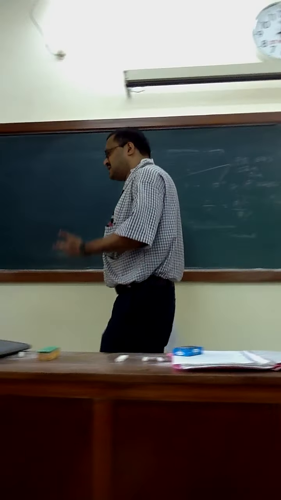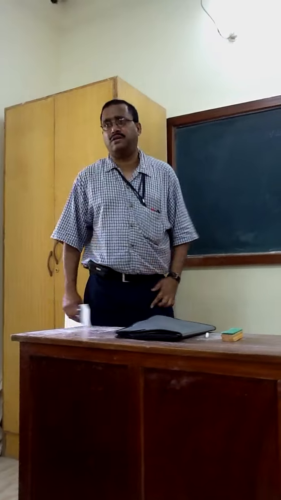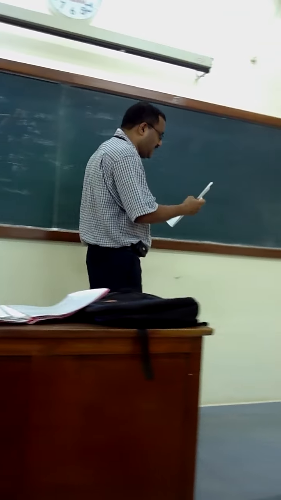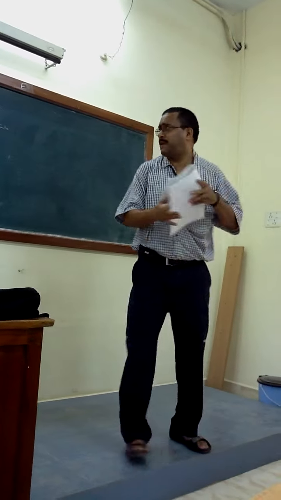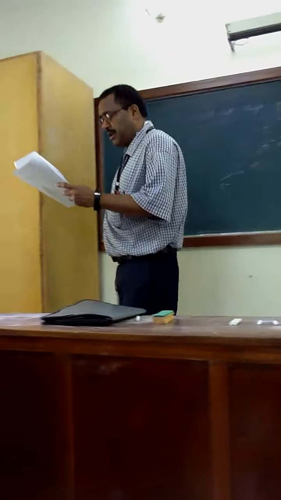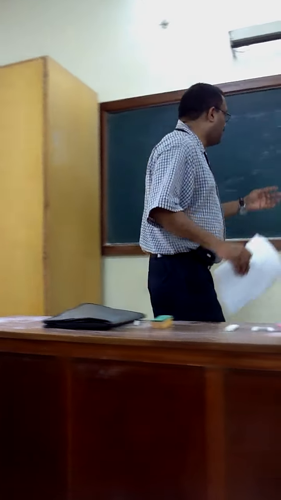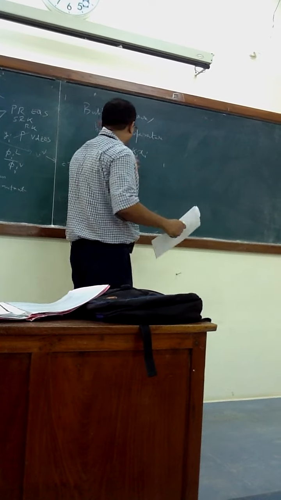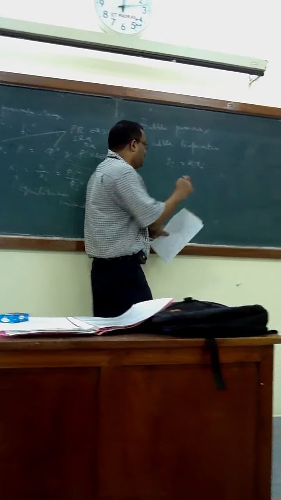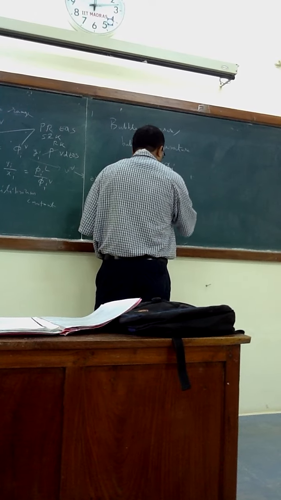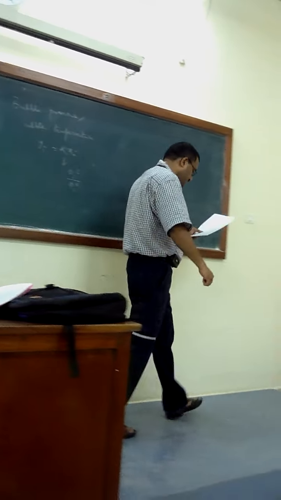PVL by RT is ZL, PVV by RT is ZV. With that you can calculate phi_i^L and phi_i^V, and once they are calculated, we can see the values of Ki. From the value of Ki, and if we have the value of xi known, we can get yi. So this will be obtained from phi_i^L by phi_i^V.